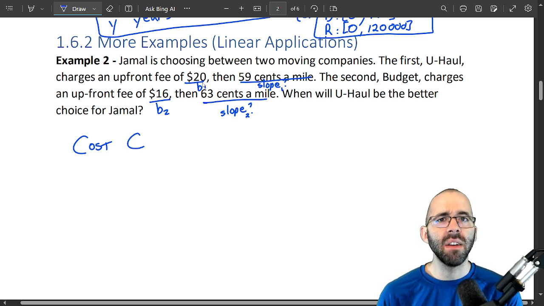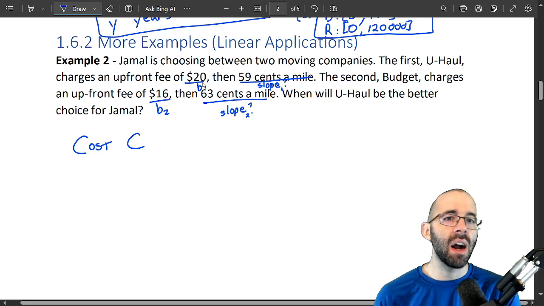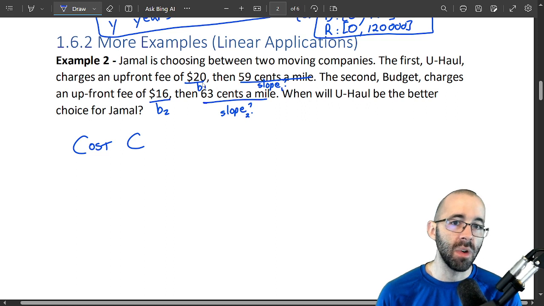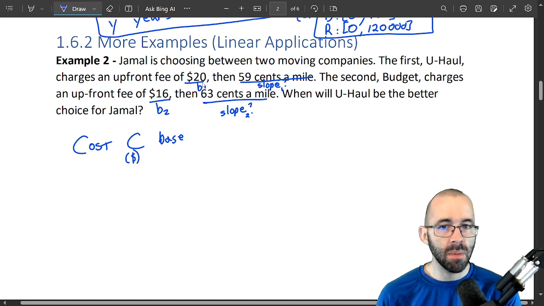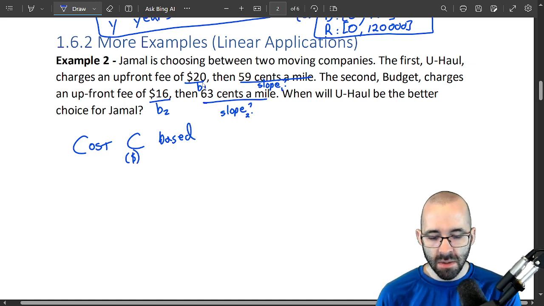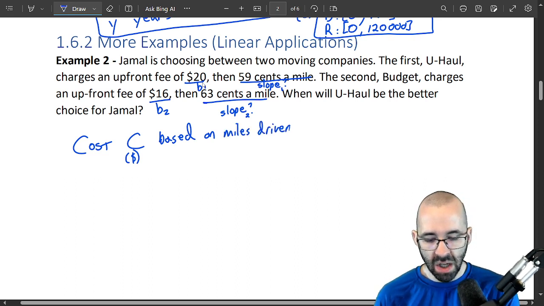What does the cost depend on? The cost depends on how many miles he's driving for his move. So, again, this is going to be in dollars. Units are important. The cost C is based on, or depends on, miles driven. You can have that be M.